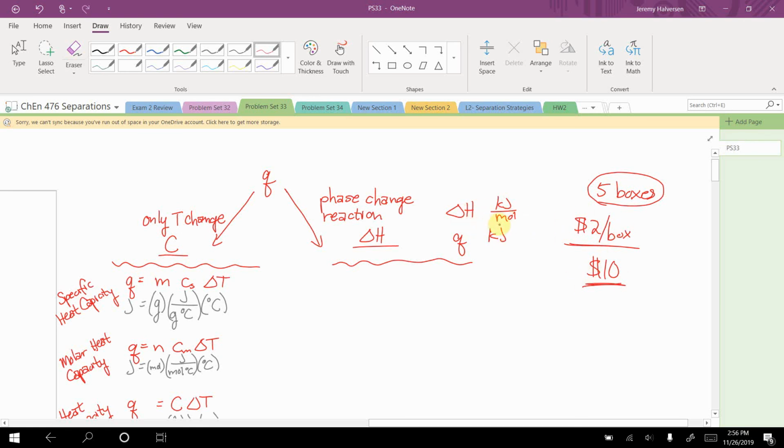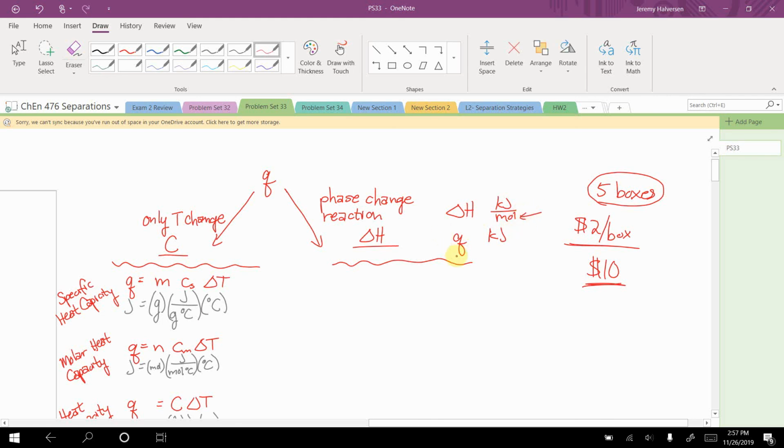But enthalpy is usually provided on a per amount basis. Just like when you go to the store and see graham crackers, it doesn't say the amount that you're going to spend at the store. No, it says the amount for one box. So enthalpy is heat, Q is heat, but enthalpy is not necessarily the total heat in your process, because it's usually given on a per mole basis or a per gram basis.